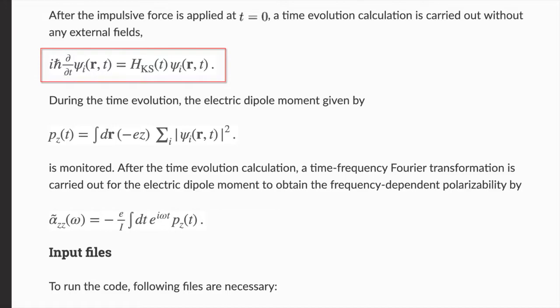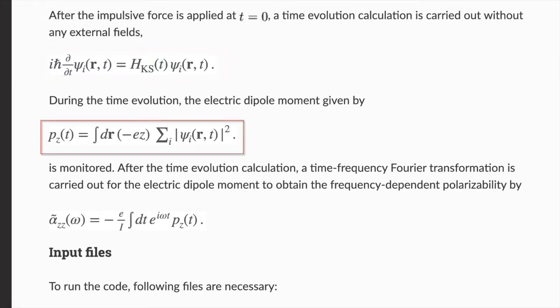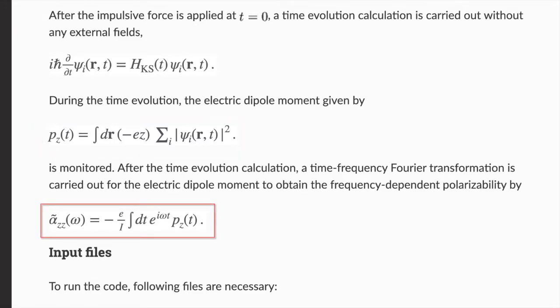Then we determine the dipole moment p(t) by multiplying the coordinates of the center of gravity of the electron by the charge e. We can obtain the polarizability alpha(omega) as a function of the frequency by determining the Fourier transform of this dipole moment and dividing it by the magnitude I of the impulsive force.